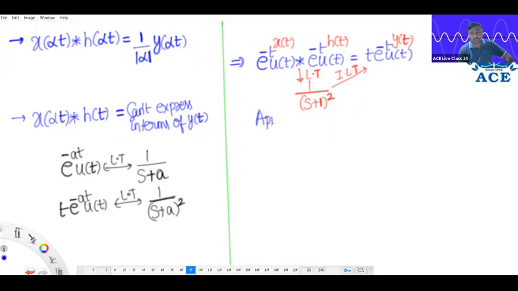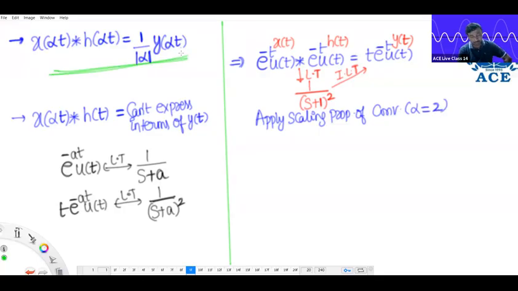If I want to apply the scaling property of convolution, by assuming alpha 2, sir, I am assuming alpha 2. Everyone see this? Which I am highlighting with green color. If I want to apply the scaling property of convolution, first x of alpha t. So t is replaced as 2t because we assumed alpha 2, sir.